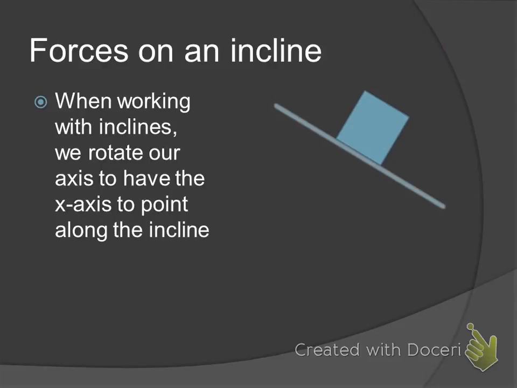So to fix this problem of having all of these components, we're going to tilt our axes. So here's my incline. Now here is my x and my y axes, right? This would be the positive direction, negative direction, negative direction. Do we see what we did there? We just kind of shifted that. So that helps us not have to break every single thing into components.